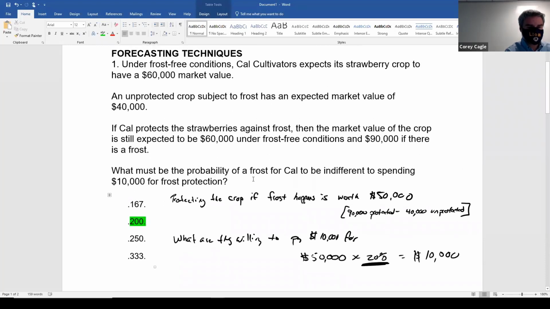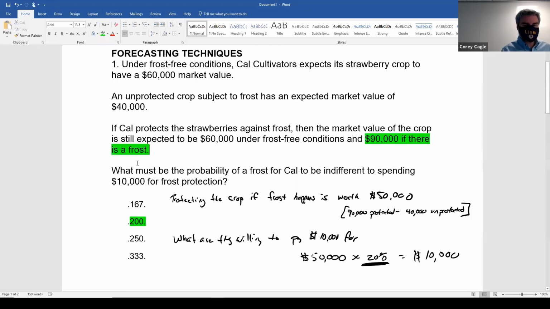So we are trying to decide what it's worth for us to protect the crops, right? So it says if there's a frost, it's worth $90,000 if we protect it, right?